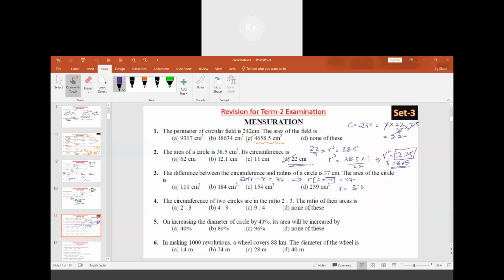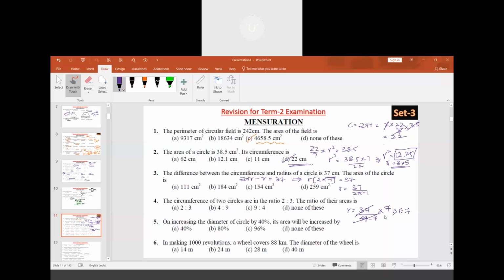R will be 37 divided by 2 pi minus 1. This will be 22 upon 7, so 37 divided by 44 minus 7 over 7. This gets cancelled. We get r as 7, because 44 minus 7 is 37. 7 centimeter.